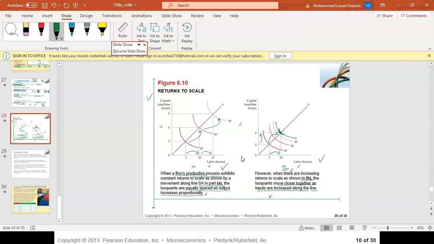So even if capital and labor increase, what happens? Here we have capital 2, labor 5, and then this one goes to 10, this one goes to 4.